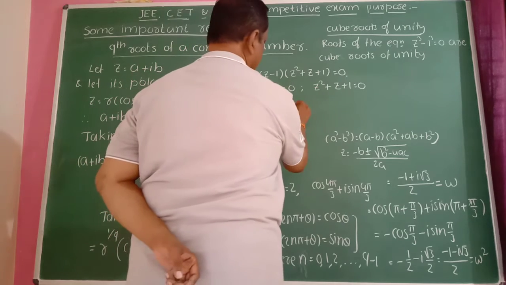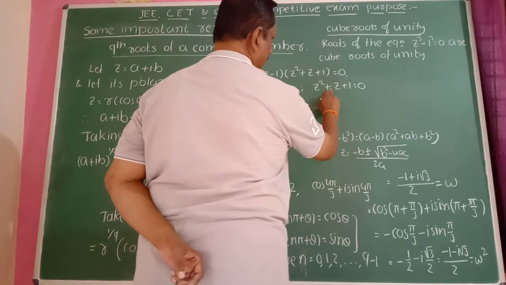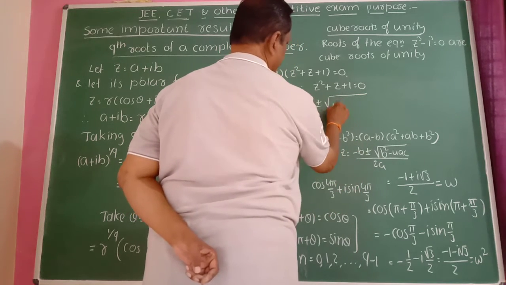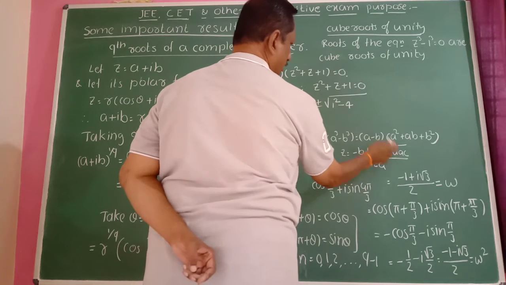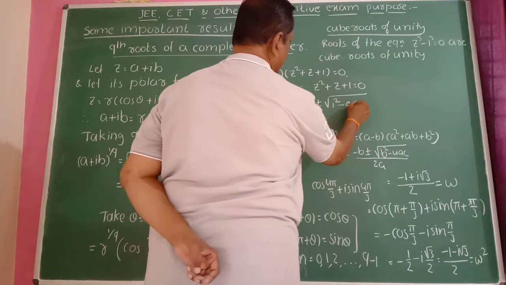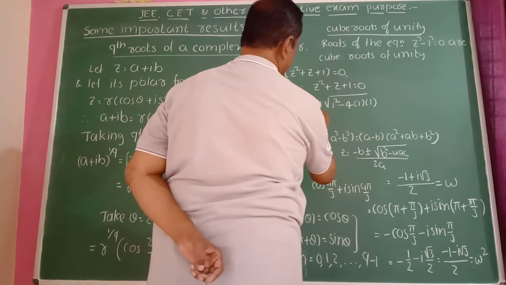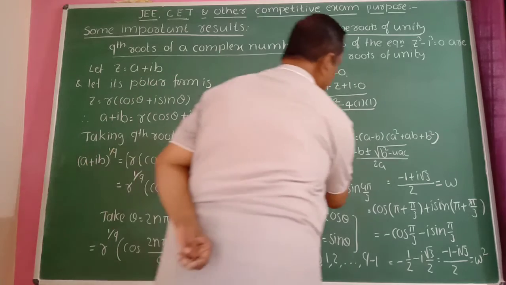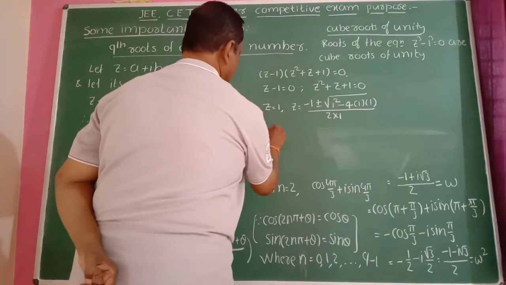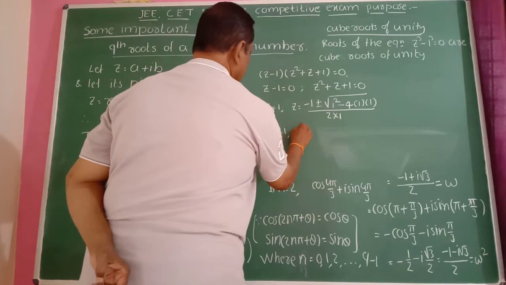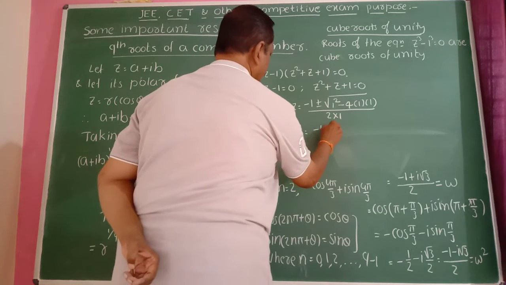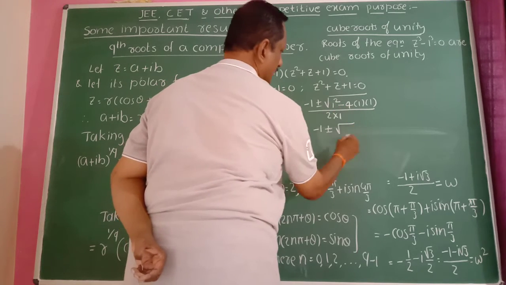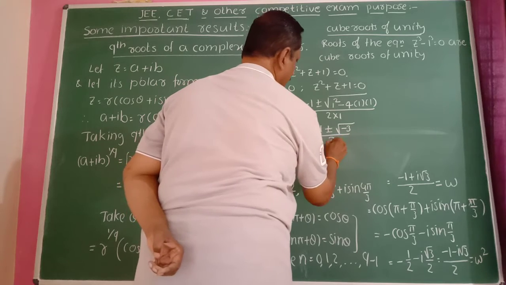So b value is 1, z is equal to minus 1 plus or minus root of 1 square minus 4 into a into c, a value 1, c also 1, divided by 2 into 1. Now simplify. So z is equal to minus 1 plus or minus root of 1 minus 4, which is minus 3, divided by 2.